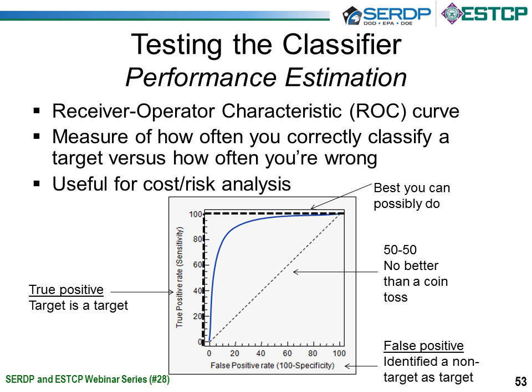There are two extremes that I point out here. The dashed line that goes along the diagonal is the case where you've done no better than a coin toss. And the ideal situation would be this thick dashed line that goes straight up to 100% and over. In that case, you have correctly classified all the targets as targets and you have no false alarms.